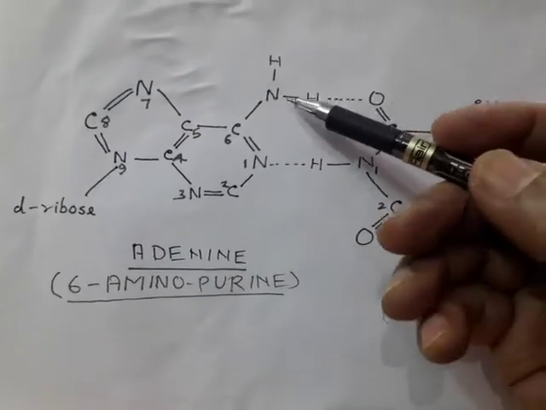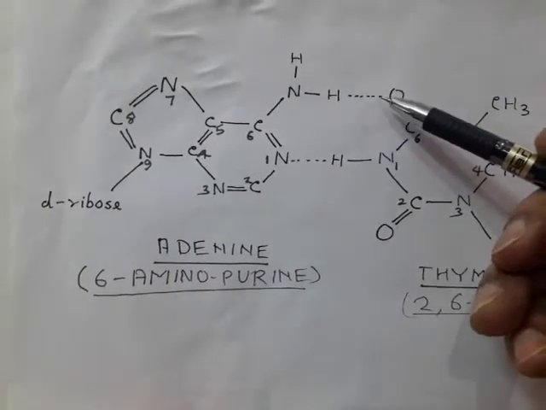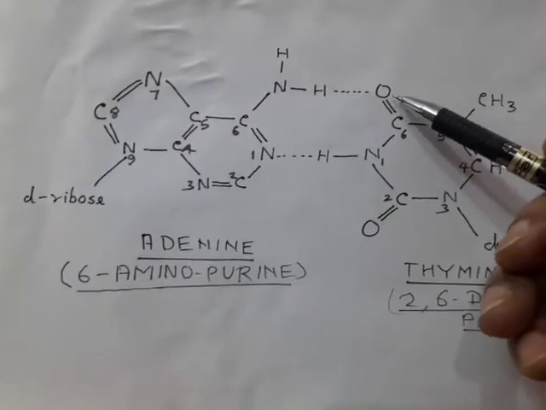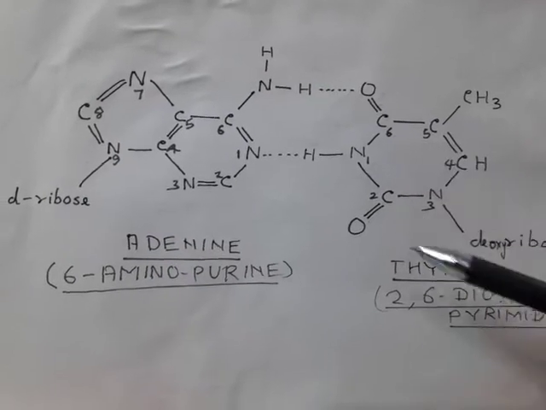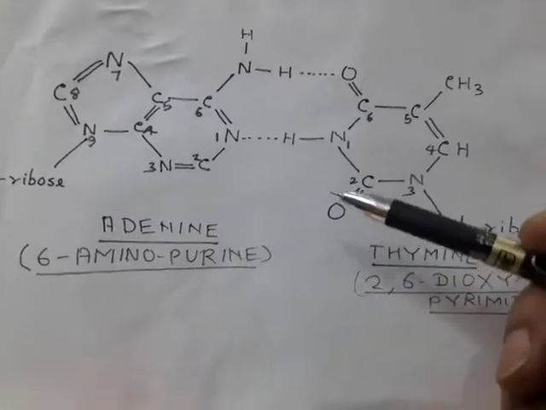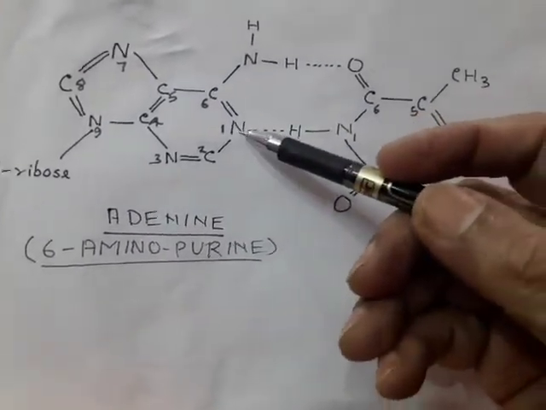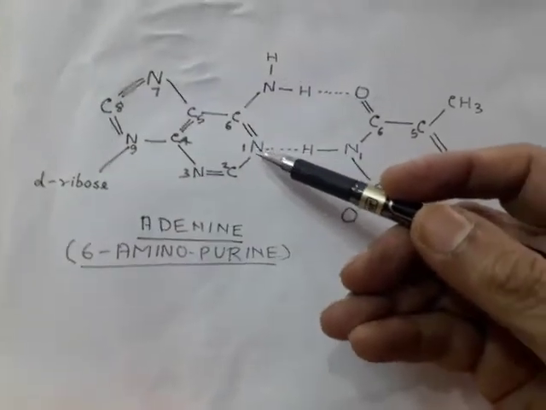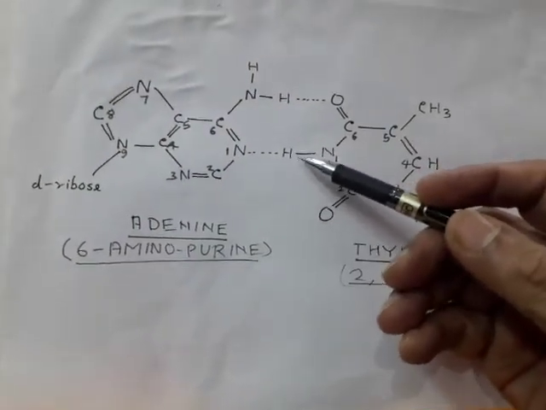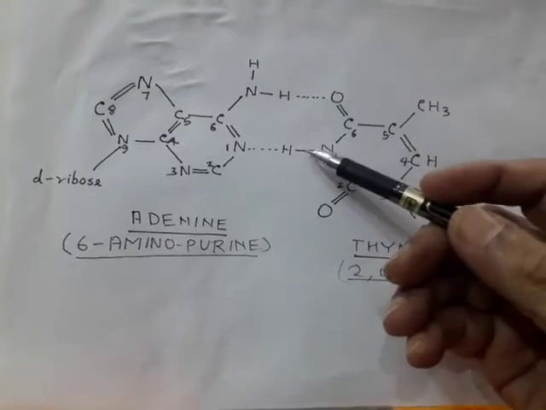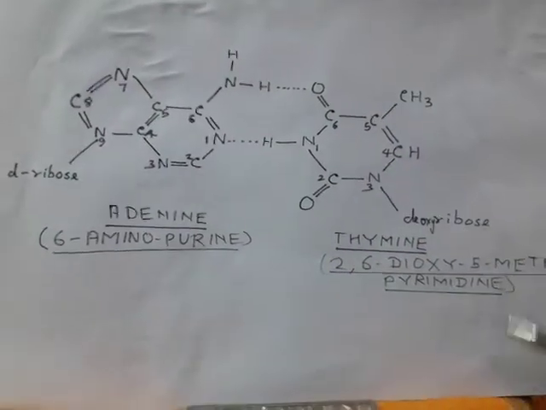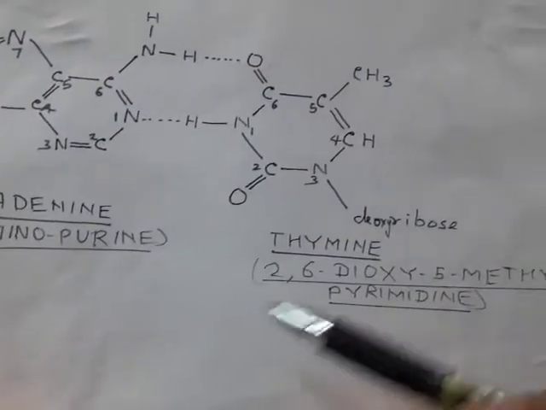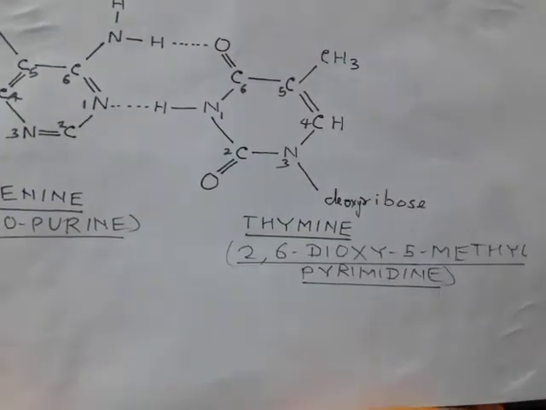One hydrogen of this NH2 group forms a hydrogen bond with the oxygen atom attached at carbon number 6 position. A second hydrogen bond is formed between nitrogen of position 1 and hydrogen of the NH group of position 1. So there are 2 hydrogen bonds formed between adenine and thymine.